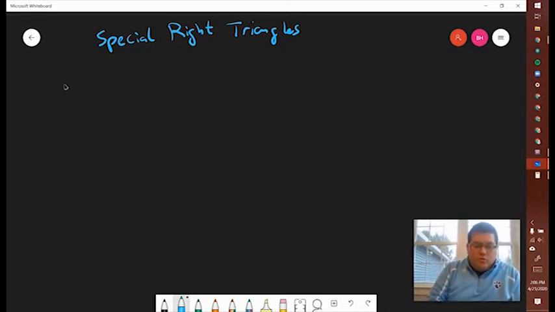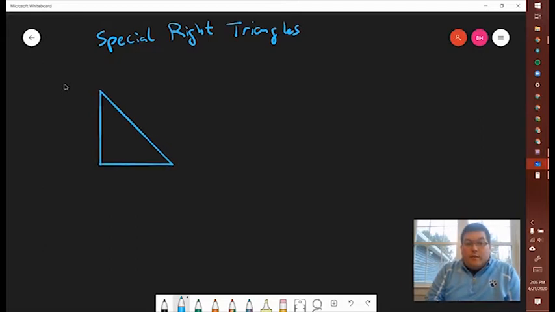There are two special right triangles that we're going to talk about today, right? And there really are two to worry about. The first right triangle is an isosceles right triangle, okay? One of the things that we know about isosceles right triangles, of course, is that if these two sides are the same, that also means that the base angles of the right triangle will be the same.